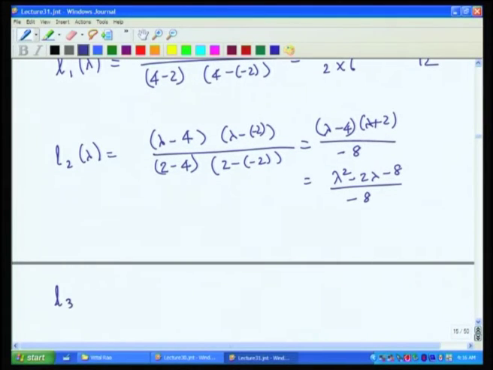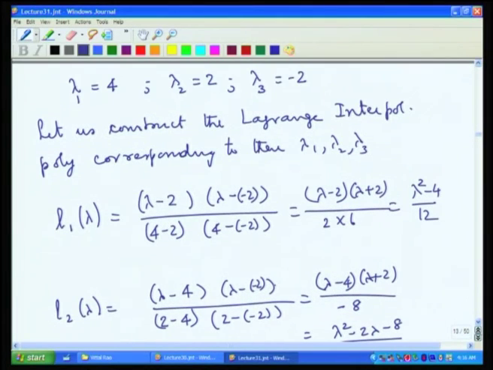The third Lagrange interpolation polynomial is again you write lambda minus and skip the third eigenvalue.